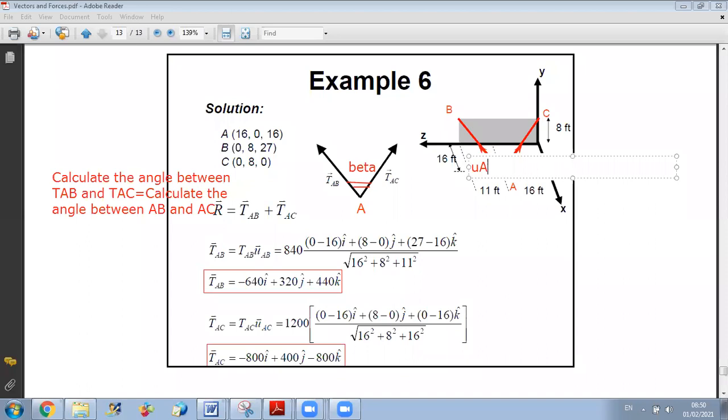So I can do it in 3 ways. The easiest way, since you have already calculated the unit vector of AB and the unit vector of AC, is to directly use them.